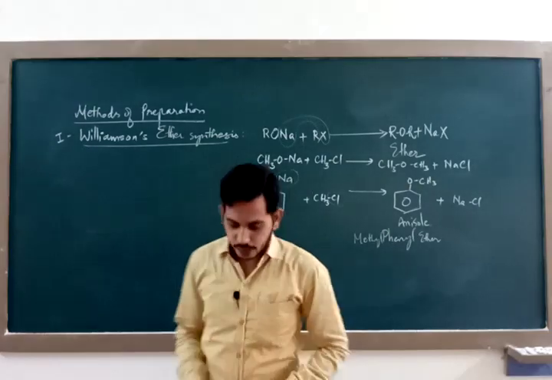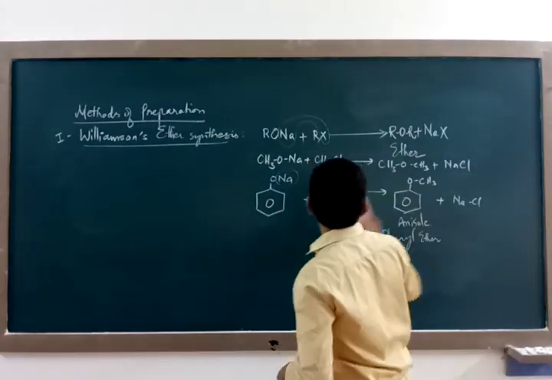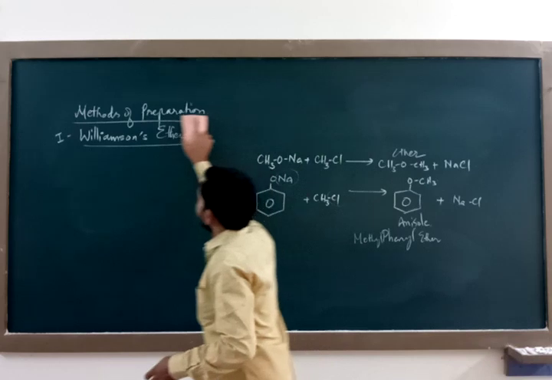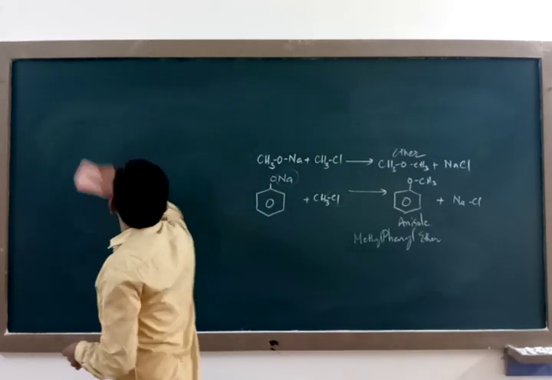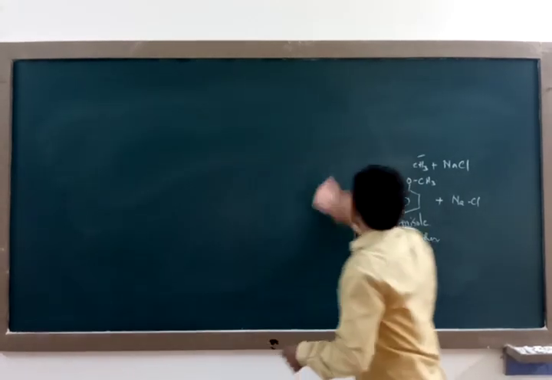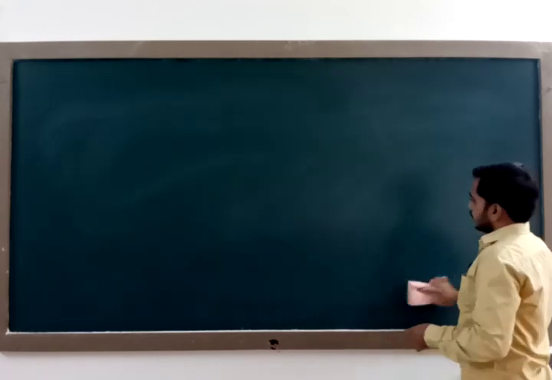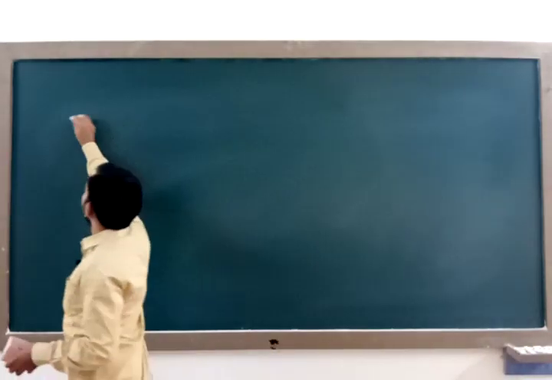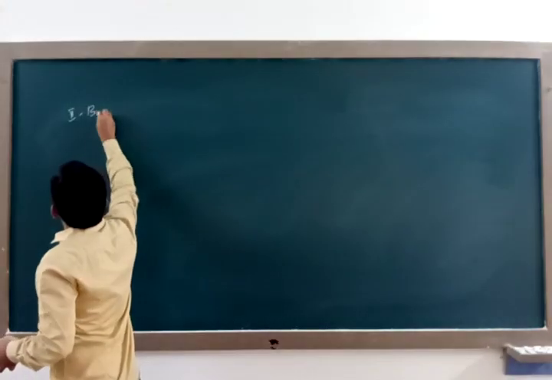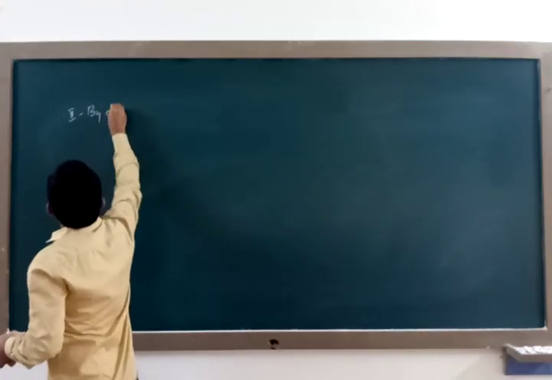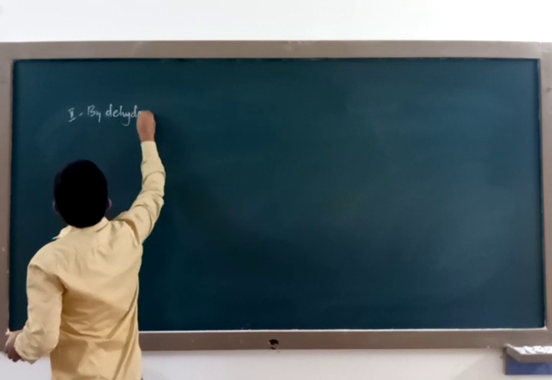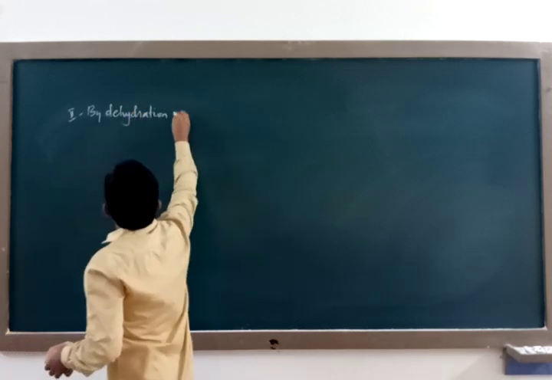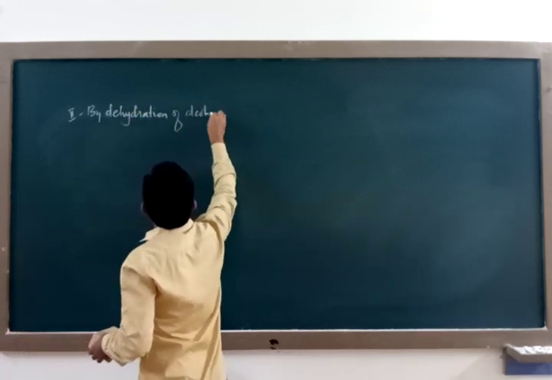Now we have a second method also, that is by dehydration of alcohols. This one is also an important question for 3 marks. Nowadays it is not asked in theory exams, but it is important in competitive exams. The second method is by dehydration of alcohols.